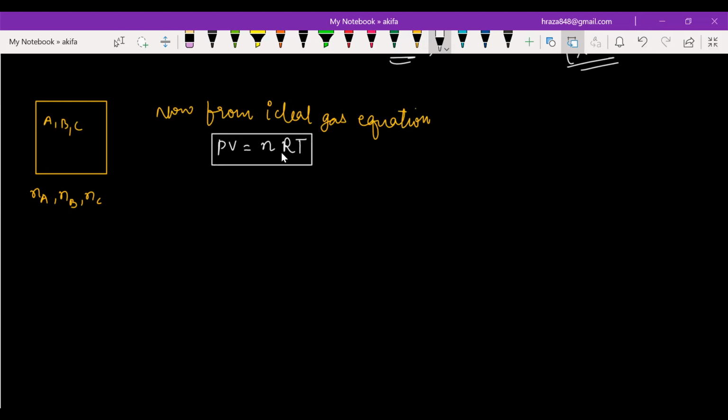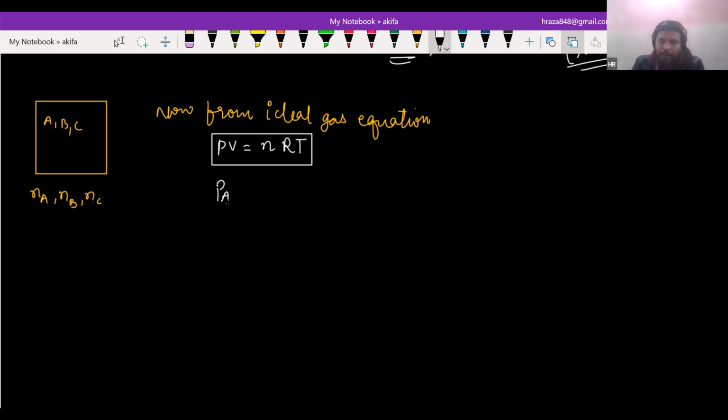I'm going to apply this formula for each and every gas, like the pressure applied on the walls of the container by A. And volume will be the same for every gas, because we consider any number of gases present in this container, like 2, 3, 4, 5. All the volumes of gases will be the same.